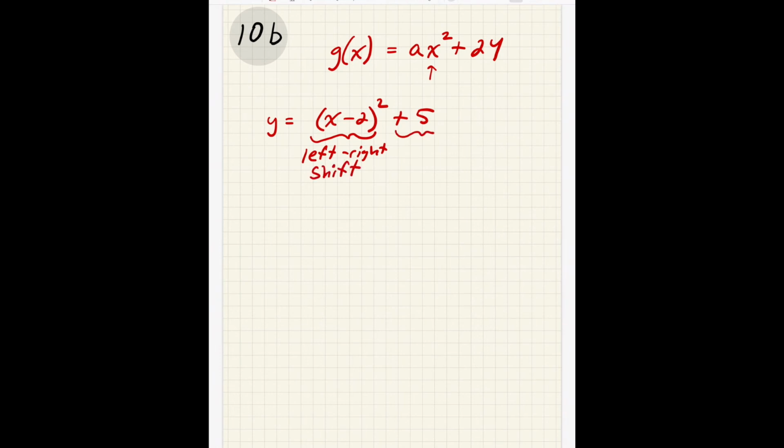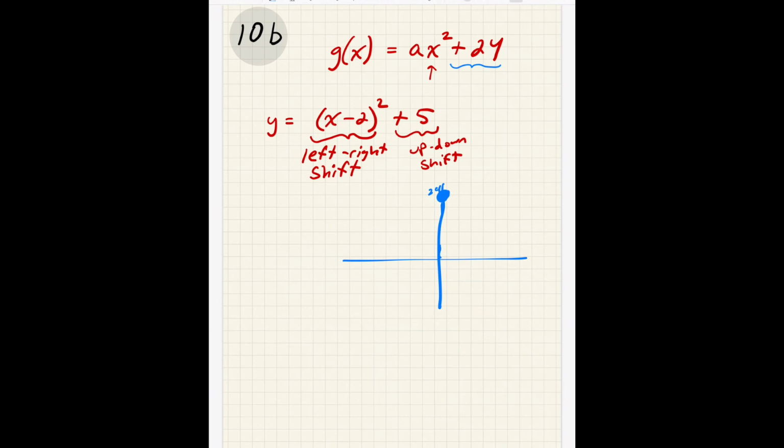If something is outside parentheses, or there are no parentheses, that signifies an up-down shift. If we look closely at this, we realize there are no parentheses at all. What does this plus 24 do, guys? All it does is move the vertex up. So there's no left-right, it only goes up 24, and that's where the vertex of this parabola is going to be.